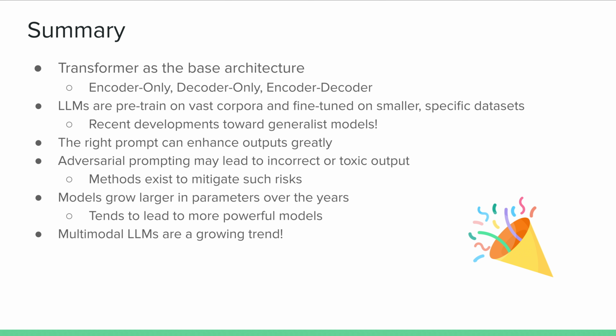We covered the importance of crafting clear and specific prompts to guide LLMs towards desired outcomes. We highlighted how LLMs can be manipulated via adversarial prompts, along with methods to mitigate such risks, ensuring model robustness. And finally, we explored the recent developments in LLMs, including multimodal models, advances in model architecture, and ongoing innovation in this field.